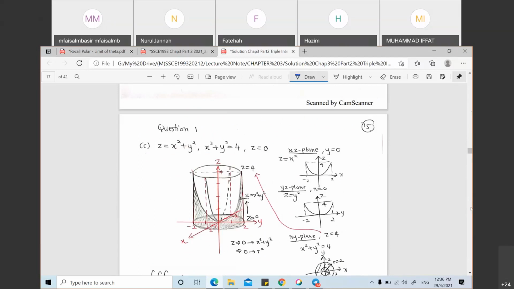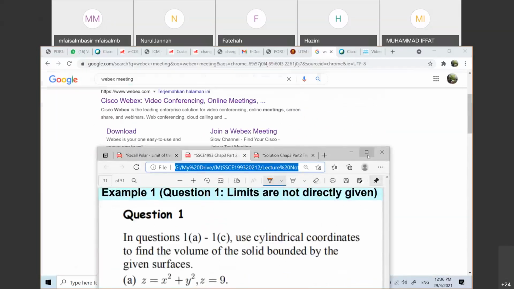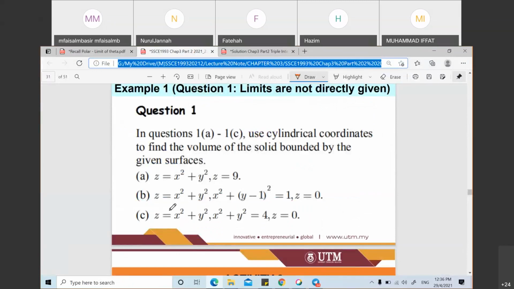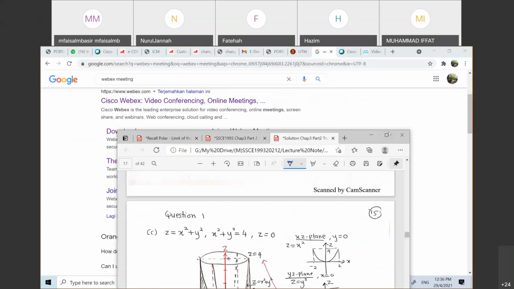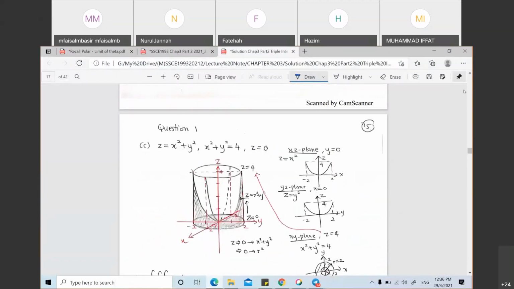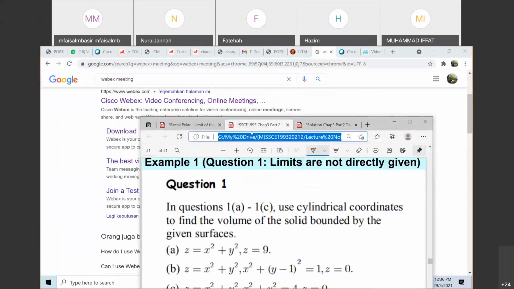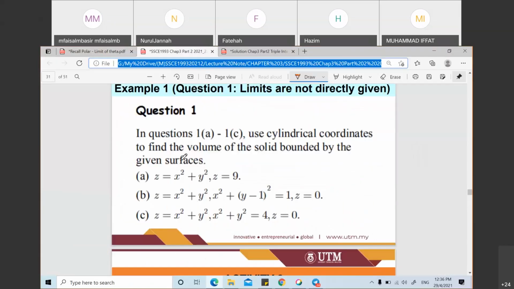Okay. So the third one. This is again a parabola and a circle. It is just the same thing. Is this bounded below, bounded above? You just say bounded.